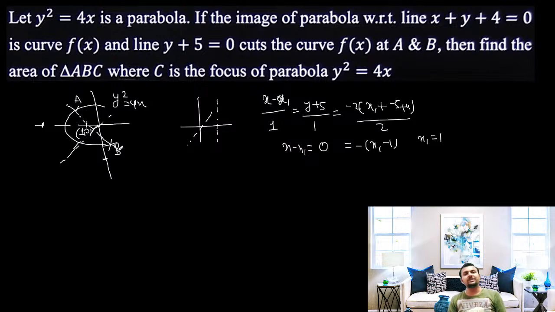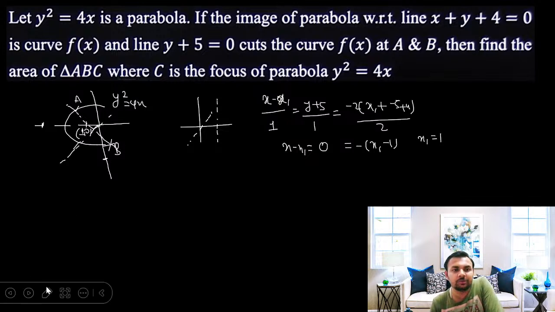Take the image of this line, in the sense y equal to minus 5, x equal to 1. In that image and then cut it. After cutting, take the image of that point with respect to this and then form the area. Okay, we can do this.